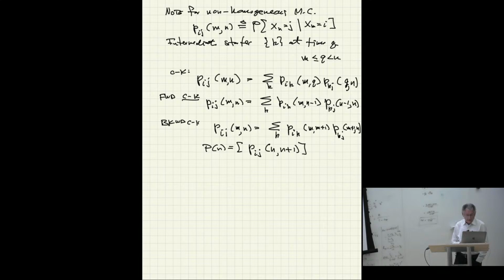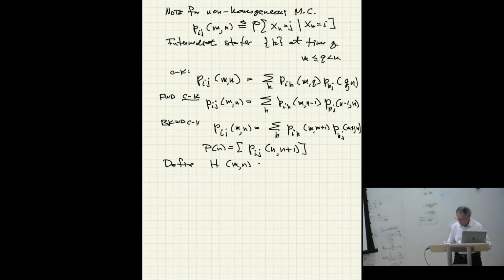So I'm going to define something. I'm going to define a matrix of these numbers here. It's a new definition. I'm going to call it a function H of m and n.